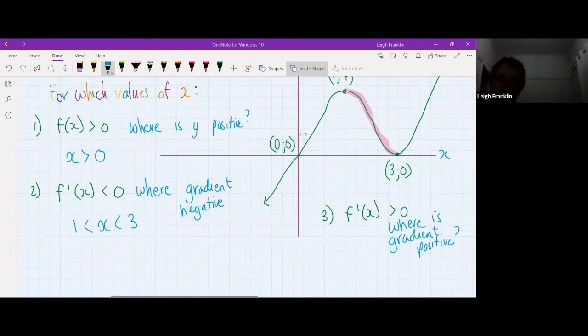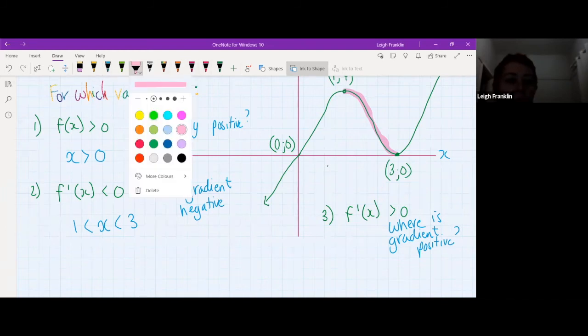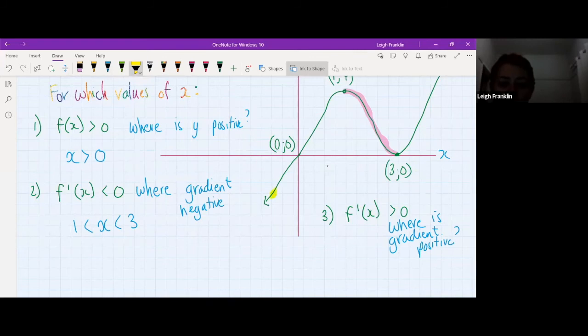Hang on a second. Are you telling me that the gradient over here, if I wanted to measure the gradient here, where I've got my yellow dot, would I expect a positive or a negative answer for gradient? I'd expect a positive answer, wouldn't I?